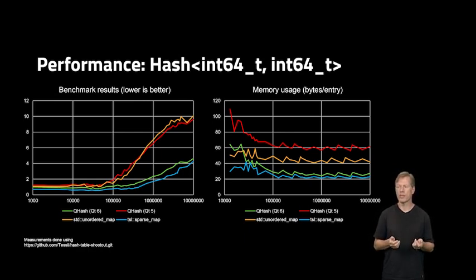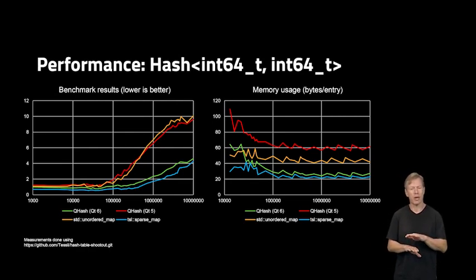For a hash table with int64 mapping to int64, which has a basic memory usage of 16 bytes per entry and then some overhead, we were actually using 60 bytes. QHash in Qt6 is much, much more conservative in terms of memory usage. It only has around 8 bytes of overhead per node in the entry.